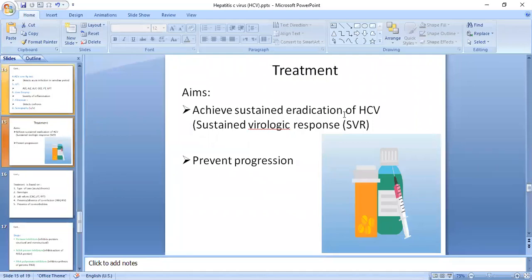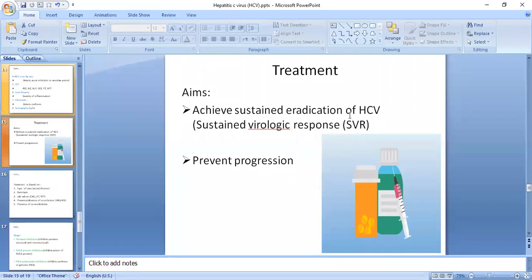So, what is the aim of the treatment? The aim of the treatment is to achieve the sustained eradication of the virus, SVR, sustained virologic response.